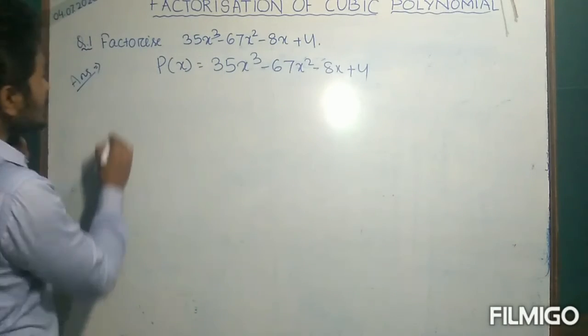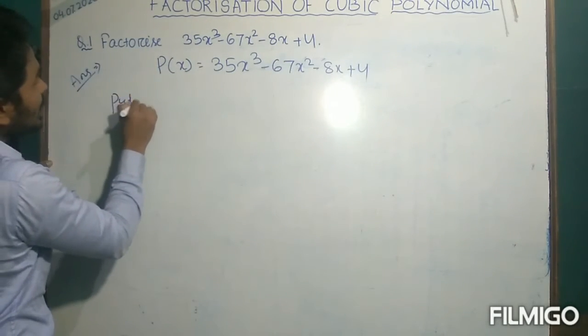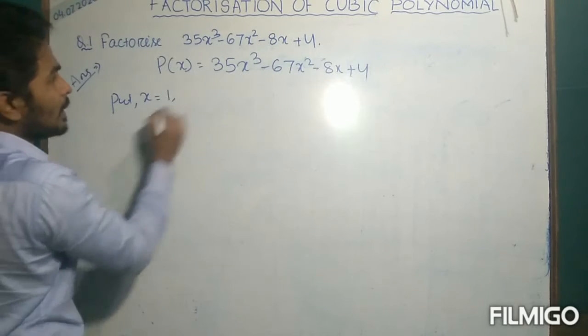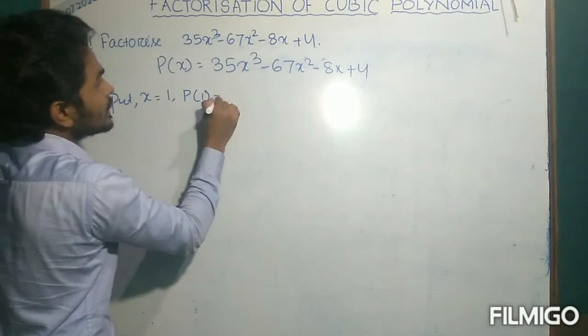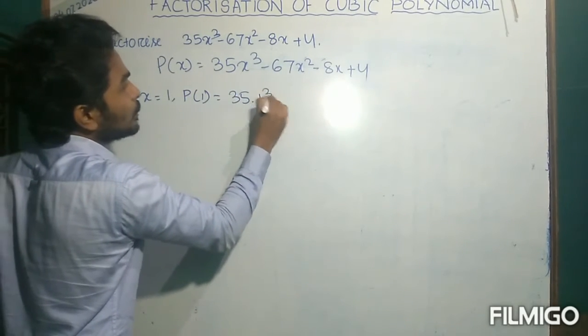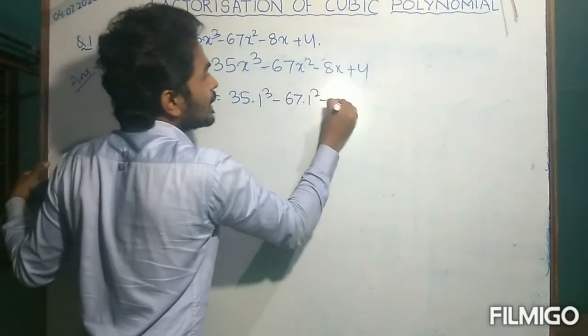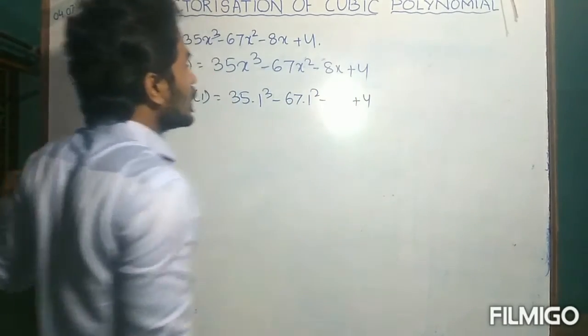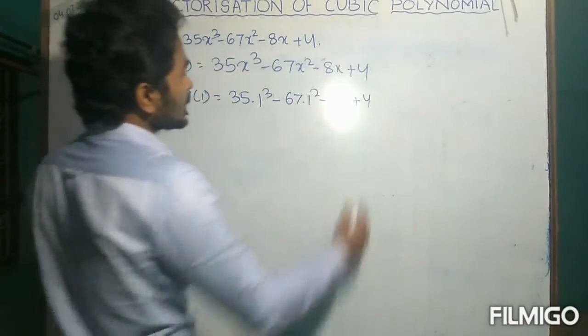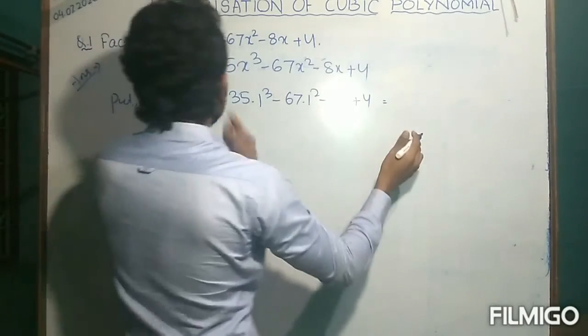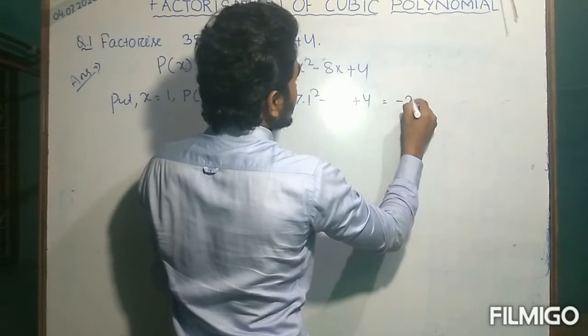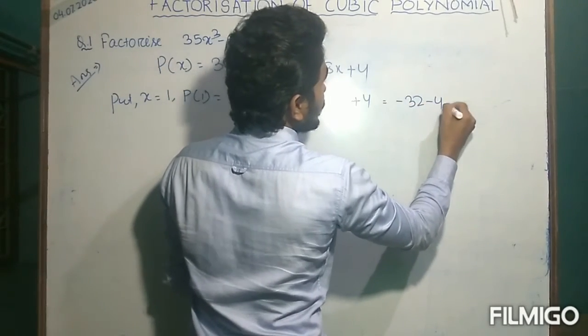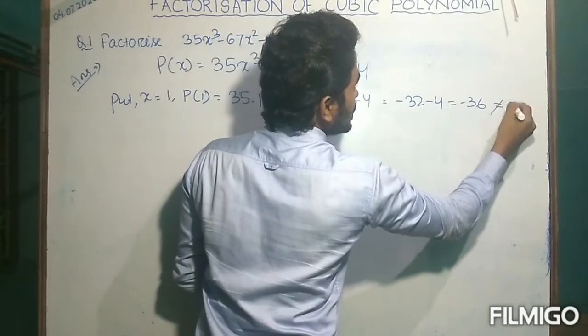Suppose I am putting x is equal to 1. So p of 1 is equal to 35 into 1 cube minus 67 into 1 square minus 8 into 1 plus 4. After calculation it gives minus 36, which is not equal to 0.